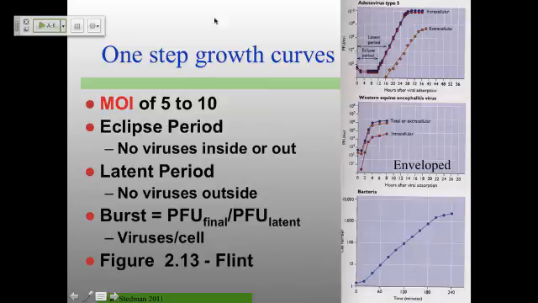And that will give you the number of virions produced by one infected cell. That can vary anywhere from 1 or 2 to hundreds to thousands. And by the way, this is figure 2.13 from the Flint textbook, which should be available in the library if you want to go and take a look at it.